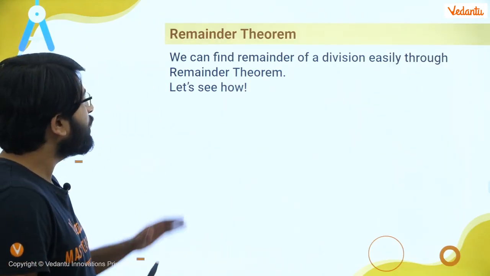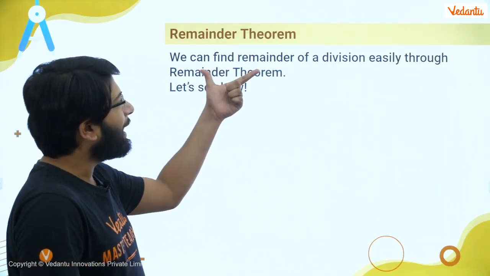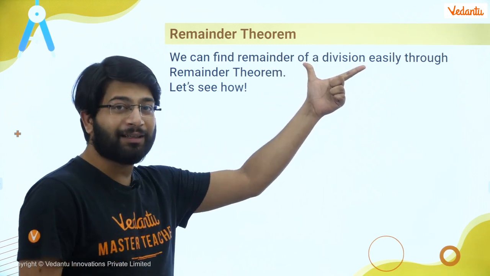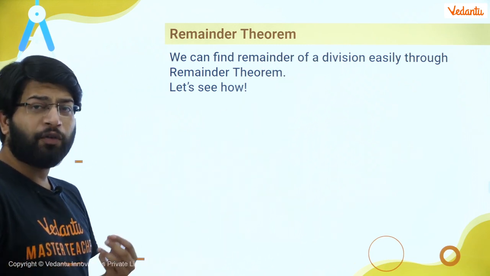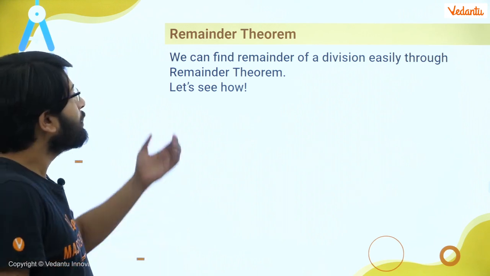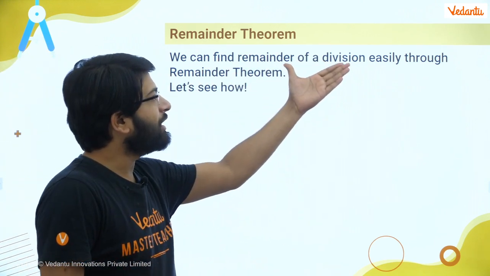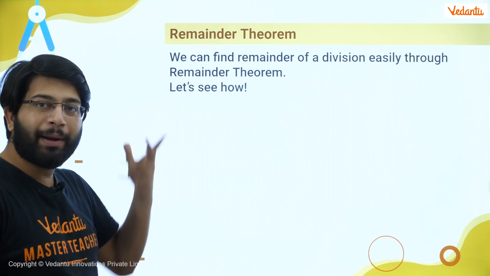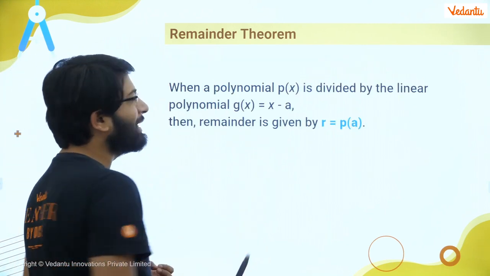So, champ, the remainder theorem says that we can find the remainder of a division. In order to find the remainder, we do the division process, right? So we can find the remainder of a division easily through the remainder theorem. And how? It's very simple.